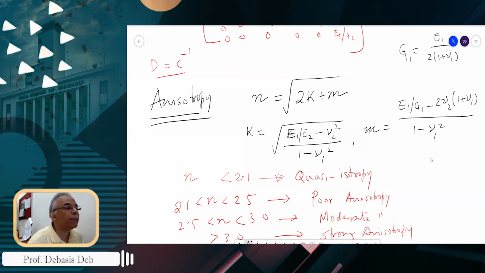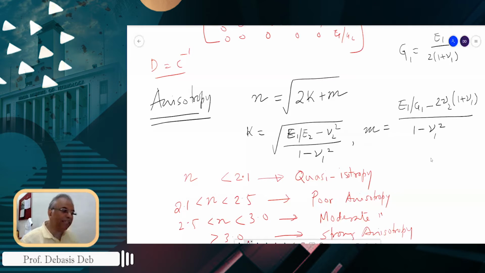See, E1 equals E2, isn't it? So k will become 1. And mu1 equals mu2. So k becomes 1 and m becomes 2. If you calculate, m will become 2 for pure isotropy, and then n becomes 2. So pure isotropy is basically 2.